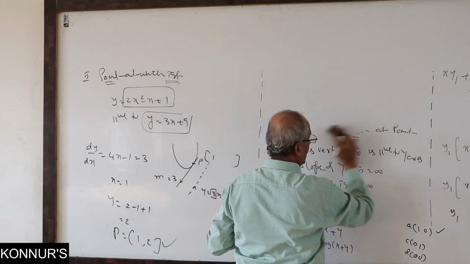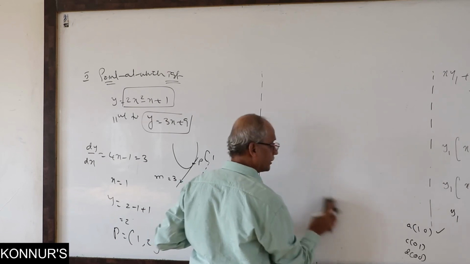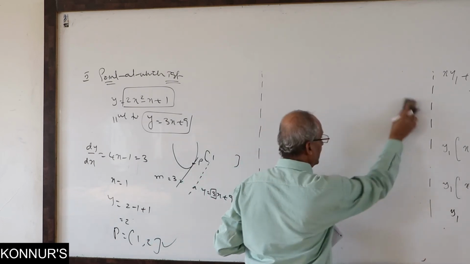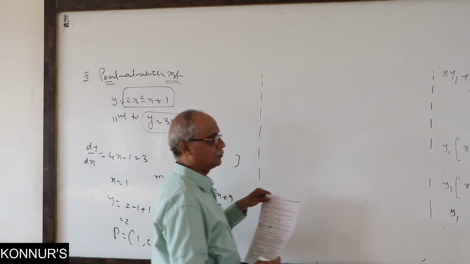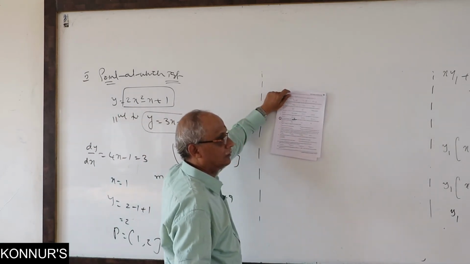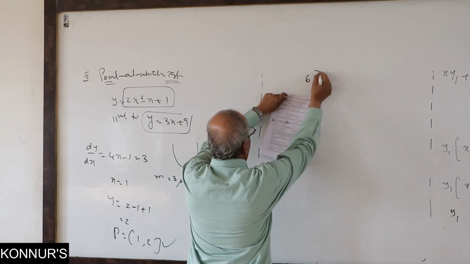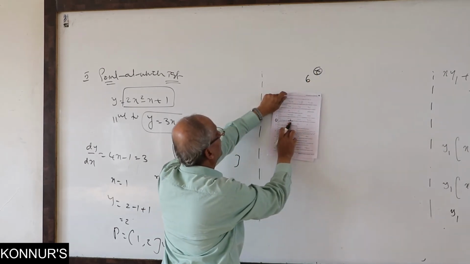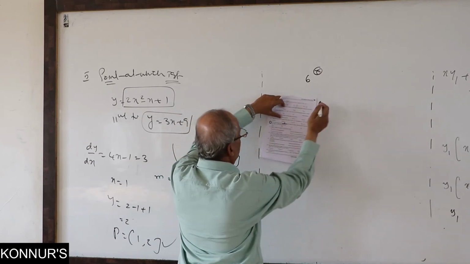Rate measure, second level. First level we already did: motion of the particle. Second level means geometric shapes: circle, square, cube, rectangle, triangle, all that will come here. Sixth problem, after correction: remove that surface area. Rate of change of volume.